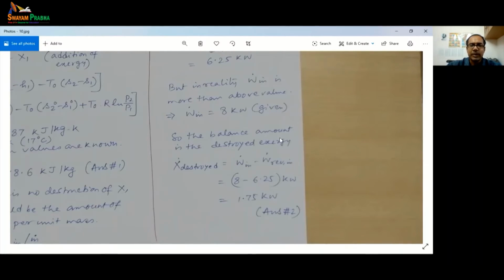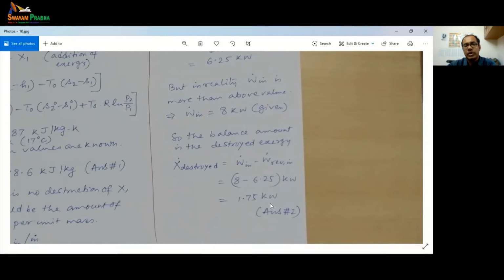Now the balance amount is getting destroyed, right? You found the minimum amount, and the amount that you are actually putting in is given. So how much is lost? That's the balance, which would be exactly the work potential lost, or exergy lost. So the rate of exergy destruction is W dot in minus W dot reversible in.